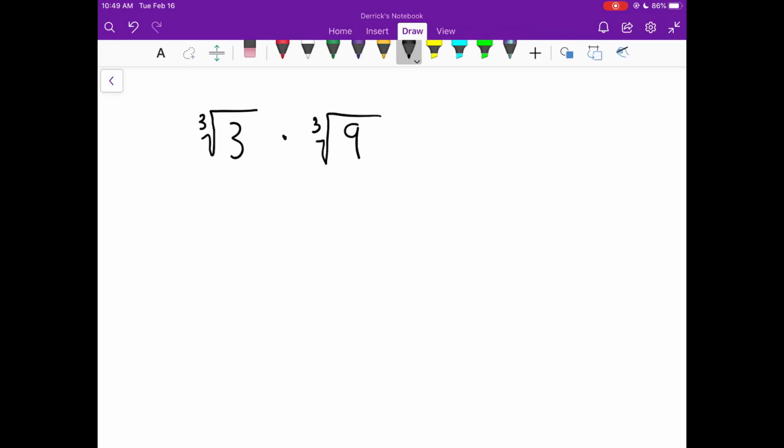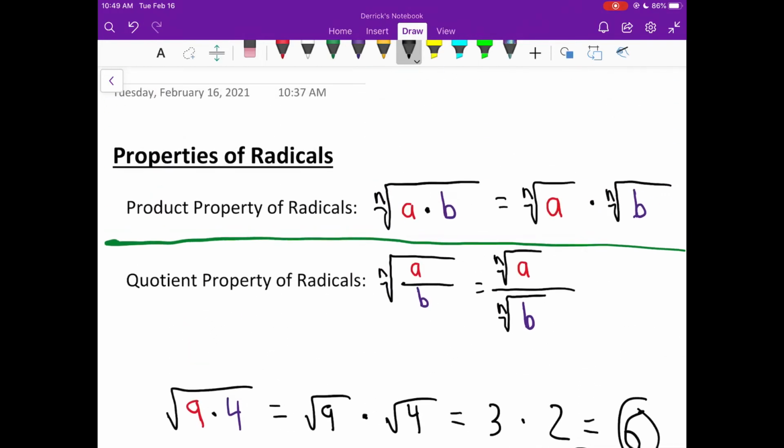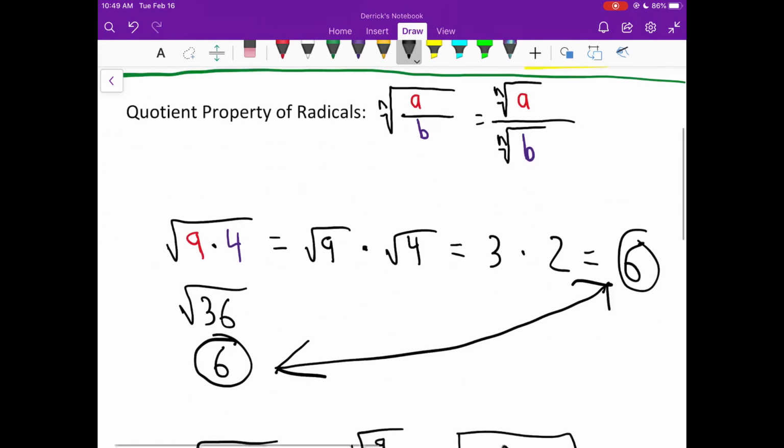But if we look at our product property of radicals, this does work both directions. So I have given you two different terms with their own radical, but we could choose to combine them into one large radical, allowing us to multiply first.